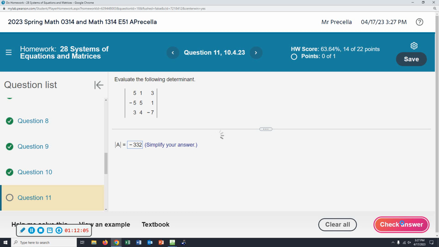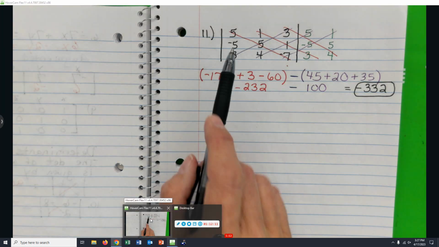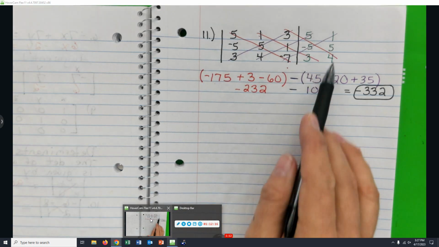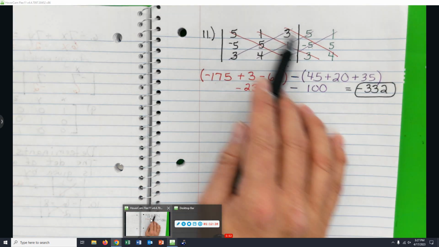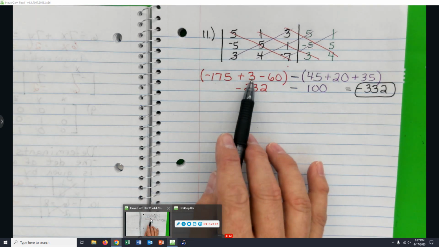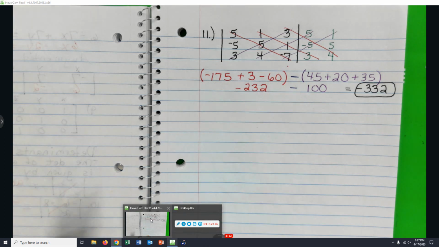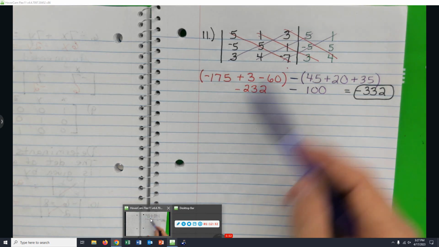So, I'm just spinning. I'll let that do that, and we'll look at this. So, the pattern for finding these determinants: you recopy the first two columns, and then multiply those first three numbers. Then there's a minus the other three diagonals. Okay, multiply.